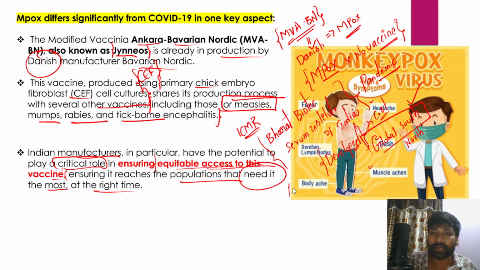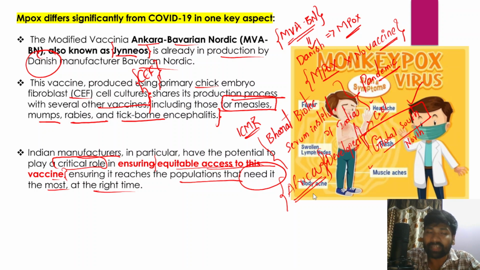For example, take Africa. African countries require this vaccine most, because most of the mpox vulnerable countries are African countries, and African countries have poor finances, poor technology, and poor vaccine production capacity.